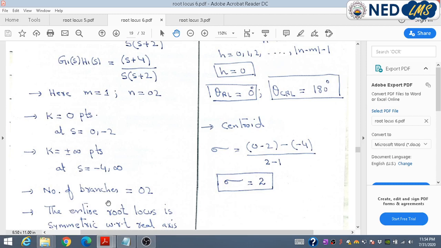The number of branches is equal to the degree of the characteristic equation or the number of poles in the open loop transfer function. So here we have two poles, therefore the number of branches is 2. As we know, each branch starts from k equal to minus infinity, then goes to k equal to 0, and finally proceeds to k equal to plus infinity.